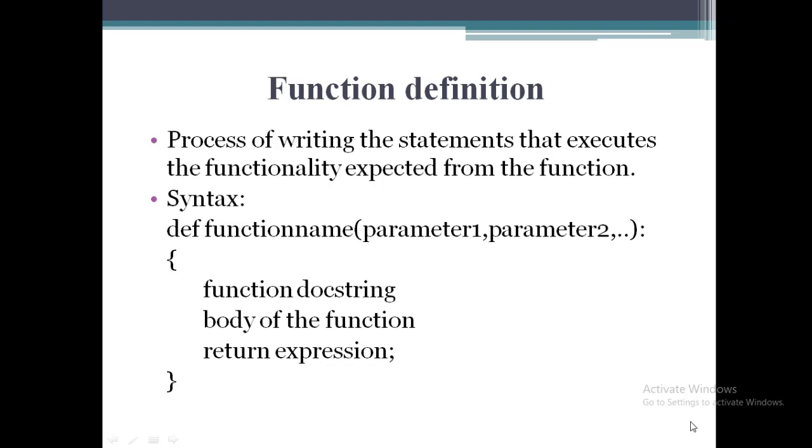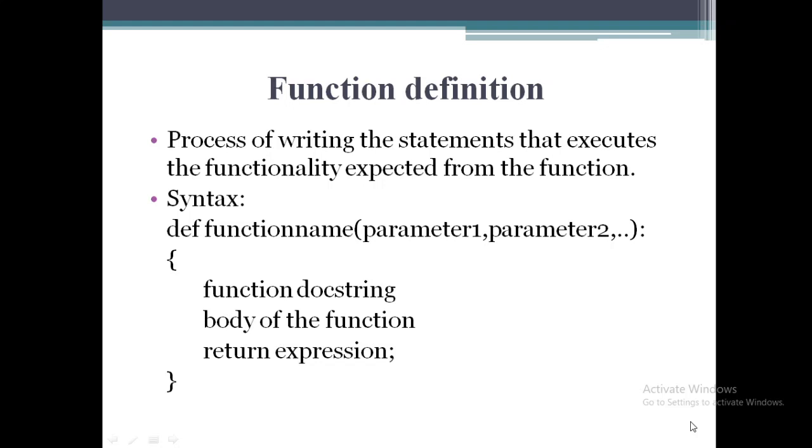First one, function docstring. One important thing is that curly braces are not there in the definition. Just to help you understand what comes under the definition of a function, I mentioned the curly braces, but they are not there in the function definition.